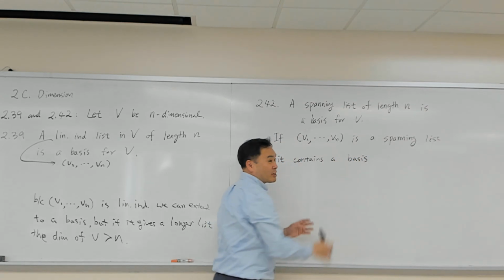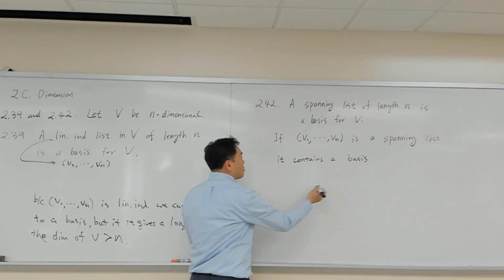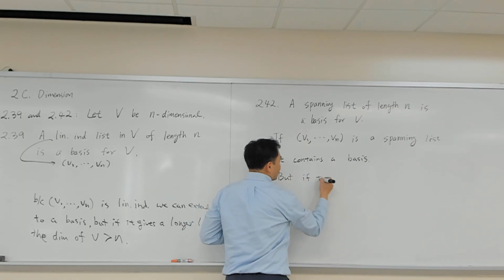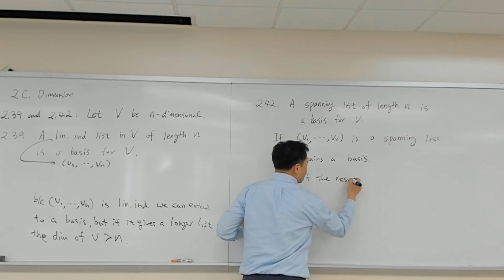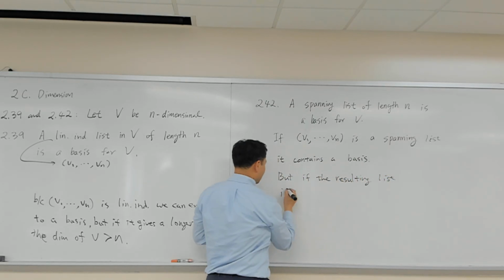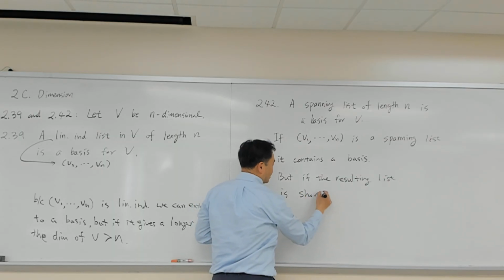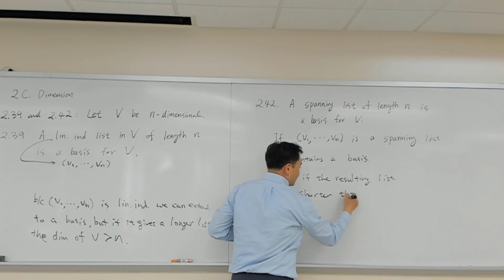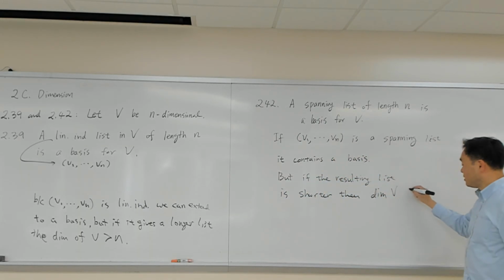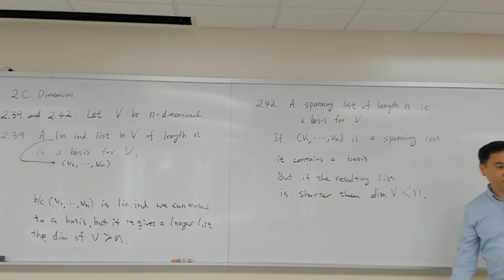You can take something out. Yeah. But if the resulting list is shorter, then the dimension of V would be less than n. So it can't be, right? So that's it.